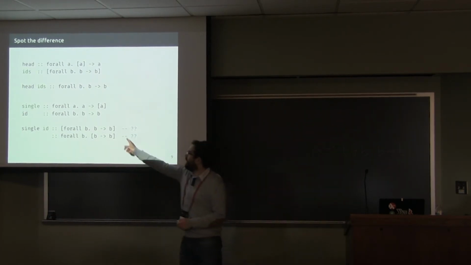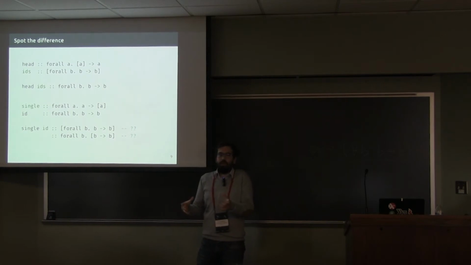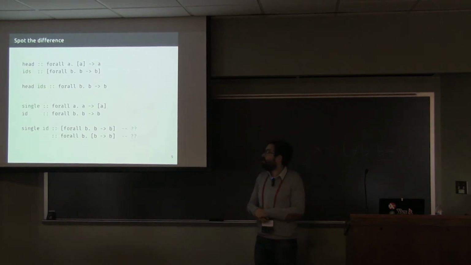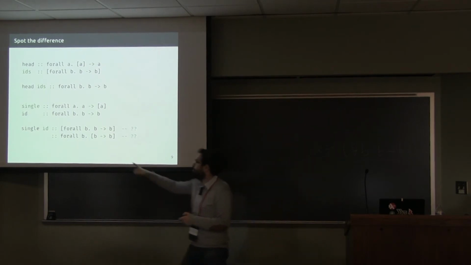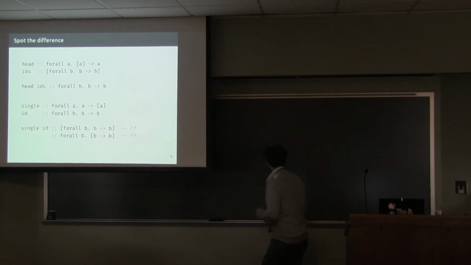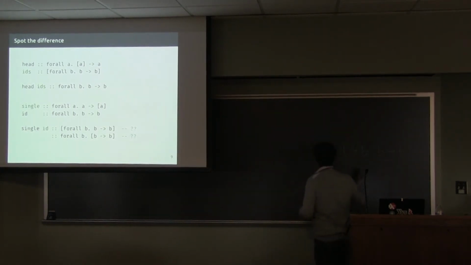Because maybe the programmer wants to have a list of polymorphic functions inside, or maybe the programmer wants to have the polymorphism outside. And I will show you why this makes a difference.